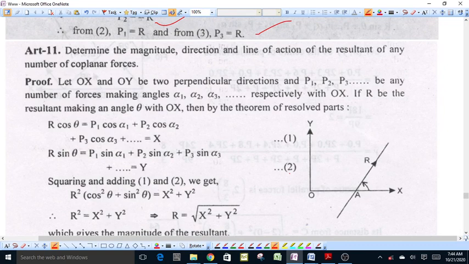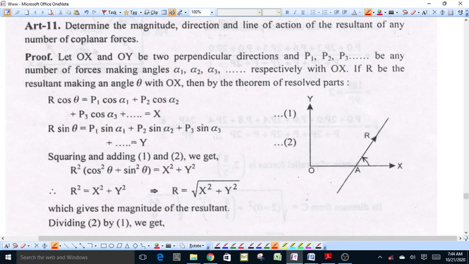Now if we have any number of forces which are coplanar, we have to find the direction, magnitude and line of action of the resultant. Suppose OX and OY are two perpendicular directions, and P1, P2, Pn are any number of forces which are coplanar, making angles alpha 1, alpha 2, alpha 3, alpha n respectively with OX.